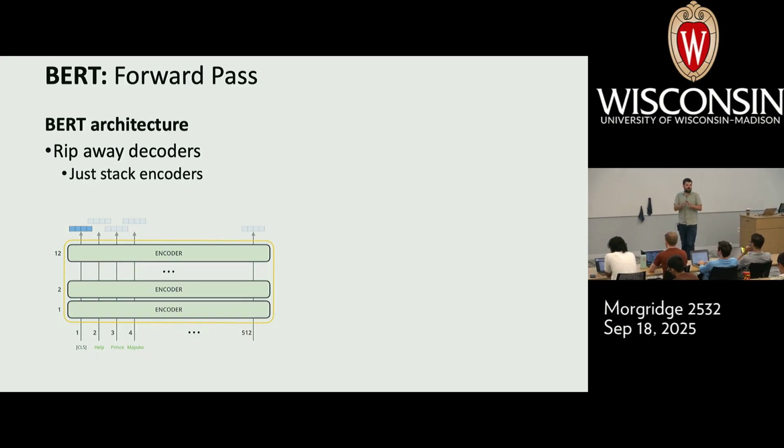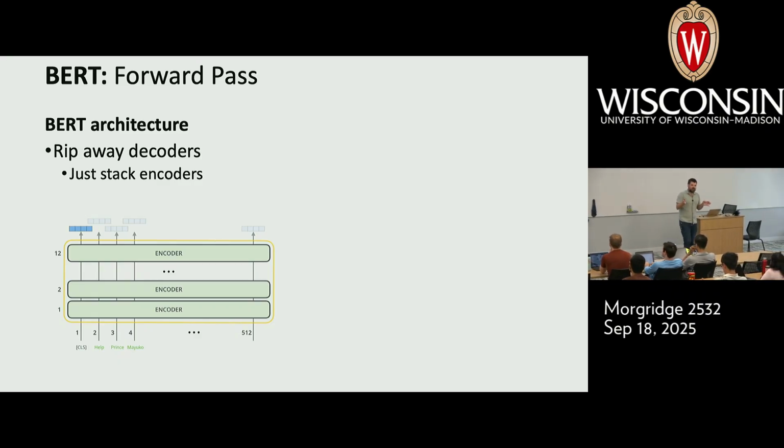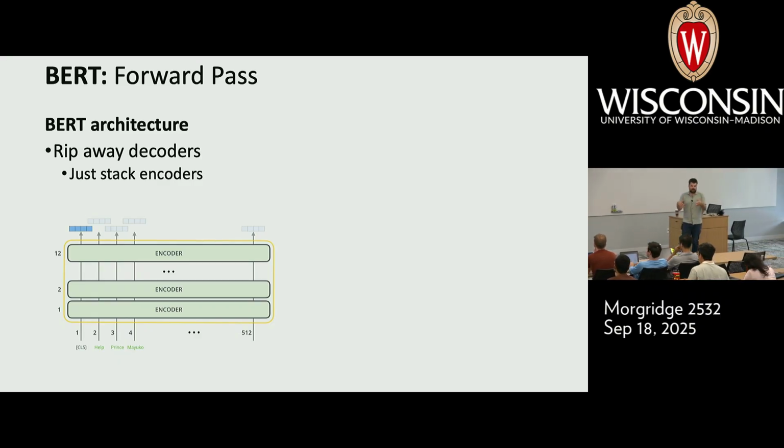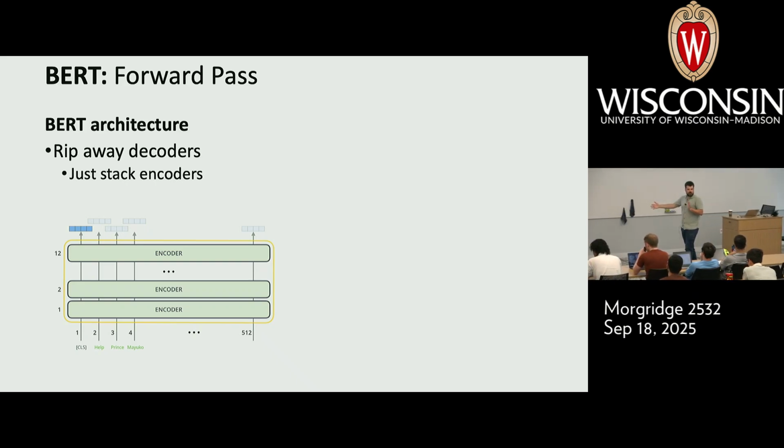Let me give you a simple example. A very traditional NLP task is I give you a sentence, and I ask you, does this sentence have a positive meaning or a negative meaning? It's called sentiment analysis or sentiment classification. Now, when I try to figure this out, I have to look at the whole sentence, right? It's not enough to look at a single word. So somehow, I need some representation that compresses what's going on in the whole sentence.